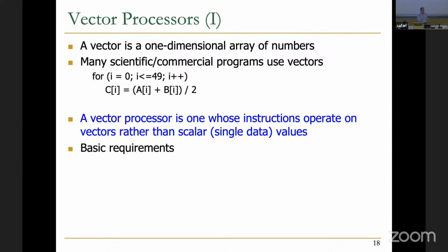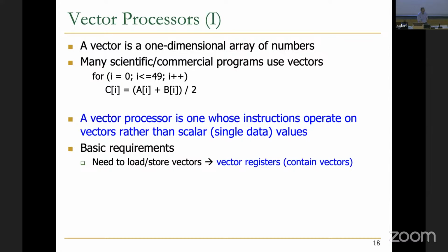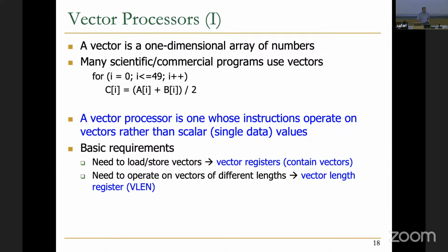But we need some basic requirements for such an architecture. One is that we need to load and store vectors, so there should be vector registers, as I discussed, to contain vectors. We should also know how long our vector operation is going to be. For that, we have a register called the vector length register, or VLEN.